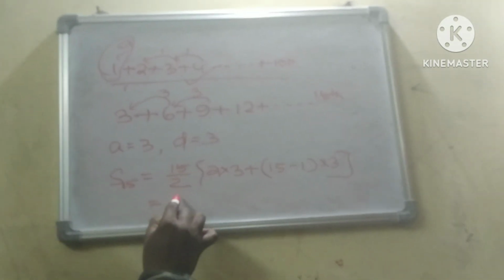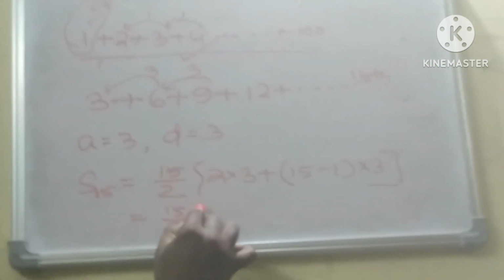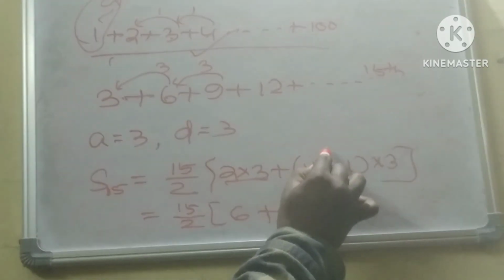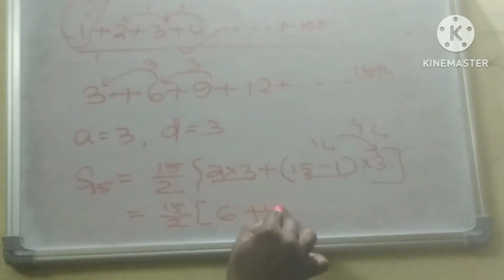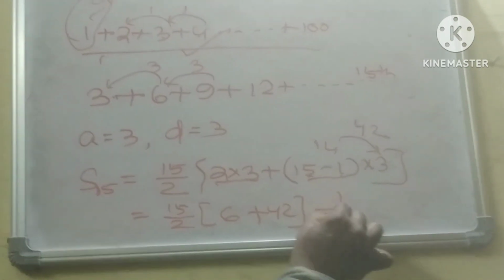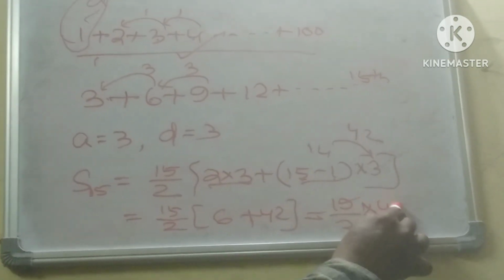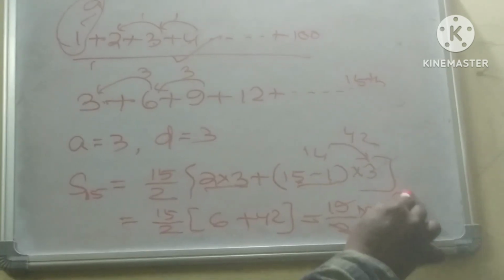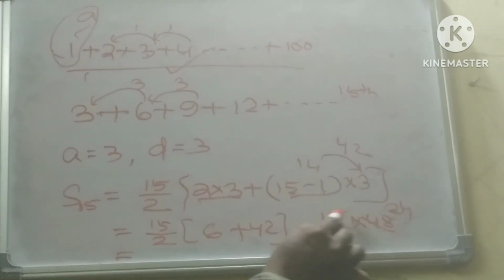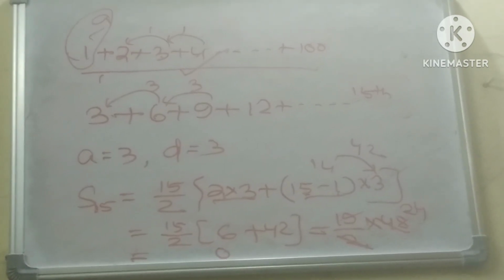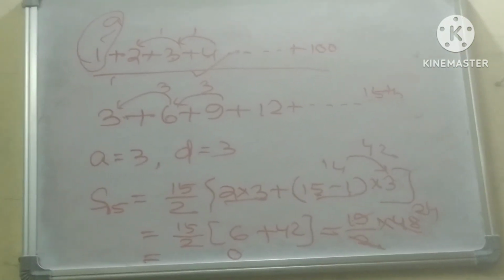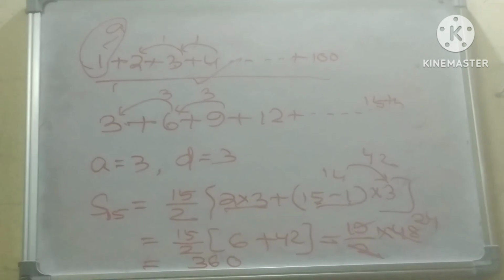So it will be 15 by 2 into 6 plus 14 into 3, which is 42. So 15 by 2 into 42 plus 6 is 48. The 2 cancels, 24. So the answer will be 15 times 24, which is 360. Right?